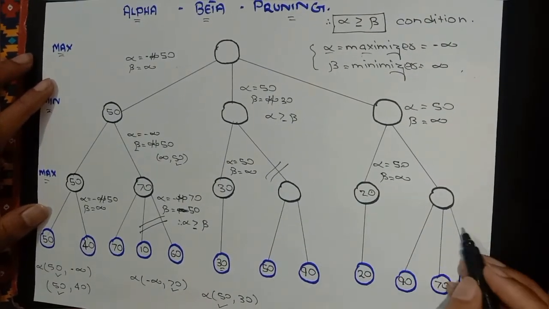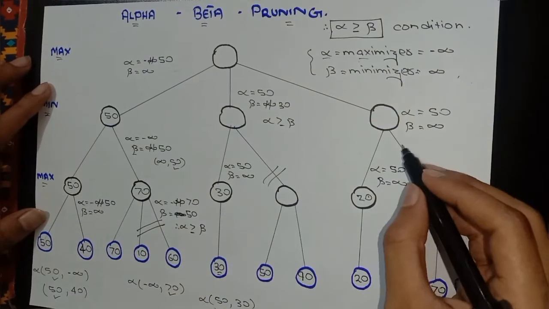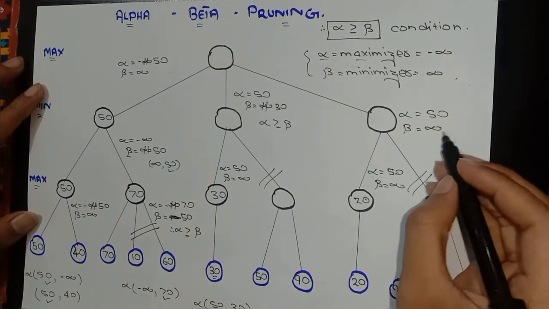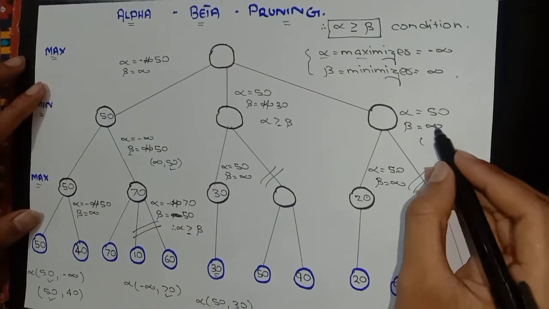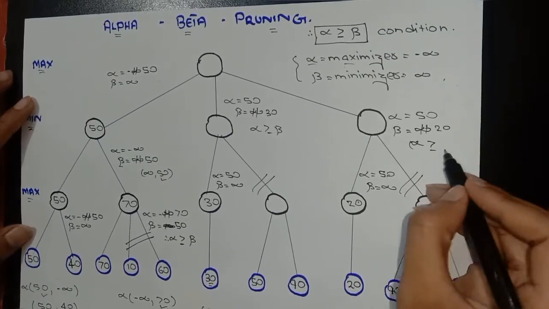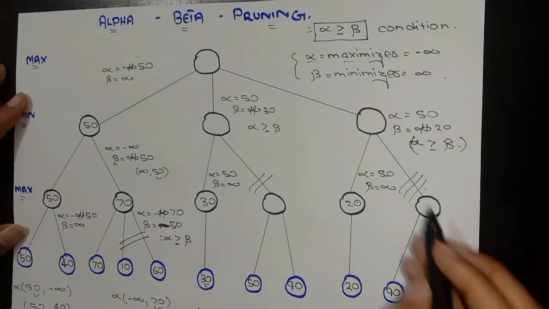So guys, I will check the condition. I use alpha because I'm at the maximum level. Is 50 greater or 20? Definitely 50 is greater. So I will write 20, because 50 is not present in this node. Now if I go to the upper level, which is minimum, is infinity minimum or 20 minimum? Definitely 20 is minimum.